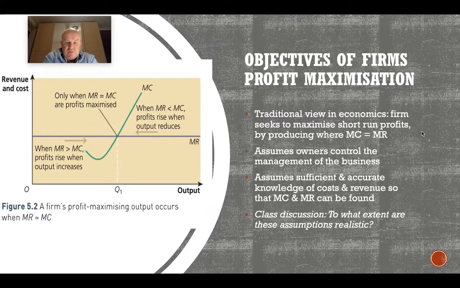Okay, so if you think about that in principle, for one extra unit that you produce, if your marginal revenue is higher than your marginal cost, so that means effectively the revenue you're generating from that one extra item is higher than the marginal cost, then as a profit maximizer, you would keep on producing, because even if that's just a pound more, if you've got a pound more revenue than the marginal cost of your extra unit, then you'll keep producing until the point at which marginal cost equals marginal revenue.